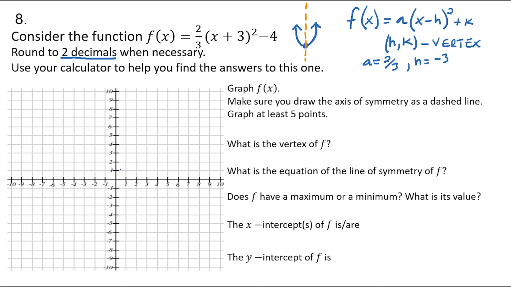If I plug a -3 into that general formula, it's going to give me x plus 3. And then finally, k is equal to -4. So the first thing that I notice is that the coordinate points for the vertex are -3, -4. And I can answer this first question here.